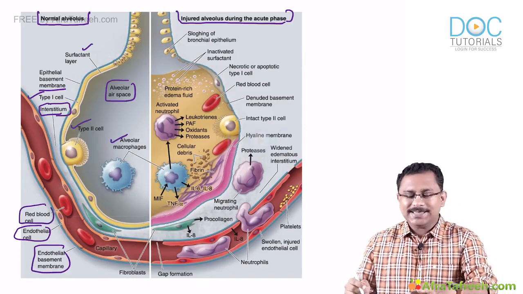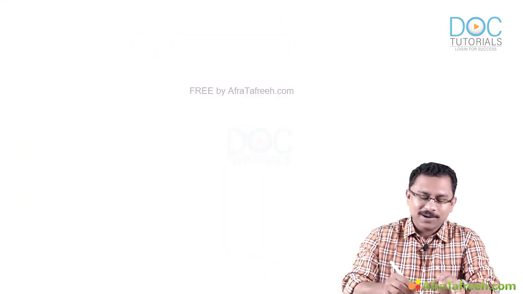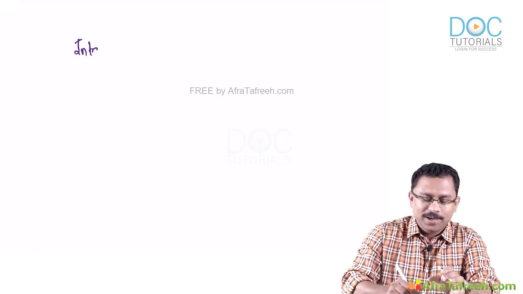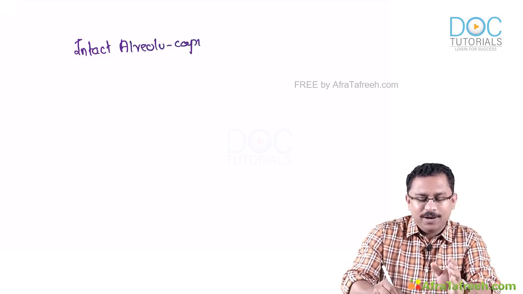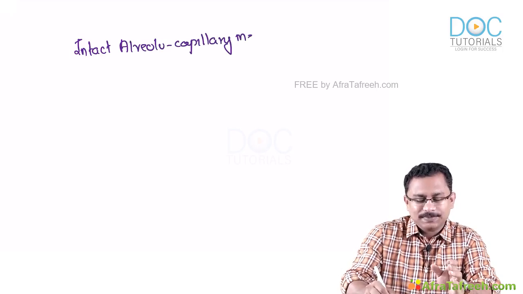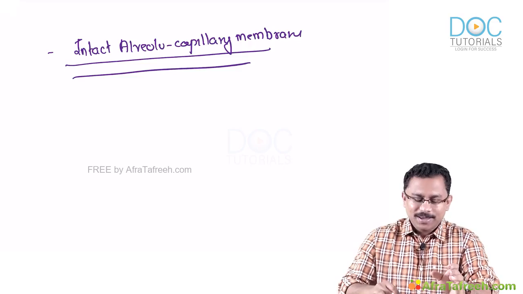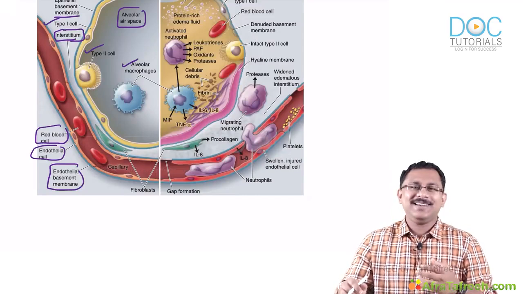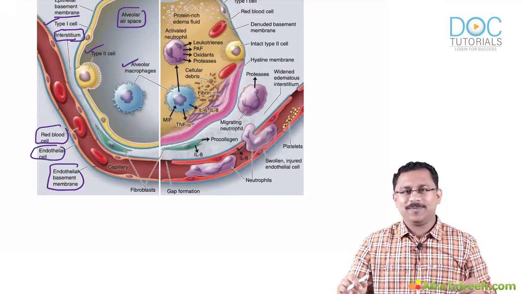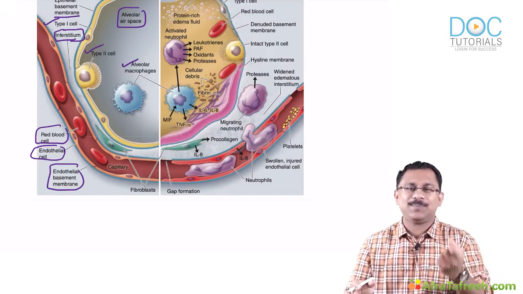The point I want to tell you is, normal individuals have an intact alveolo-capillary membrane. You agree with me? And when you have an intact alveolo-capillary membrane, you will never have any of your RBCs or fluid going into the alveoli, which is why normally your alveoli as well as the interstitium is kept very dry.